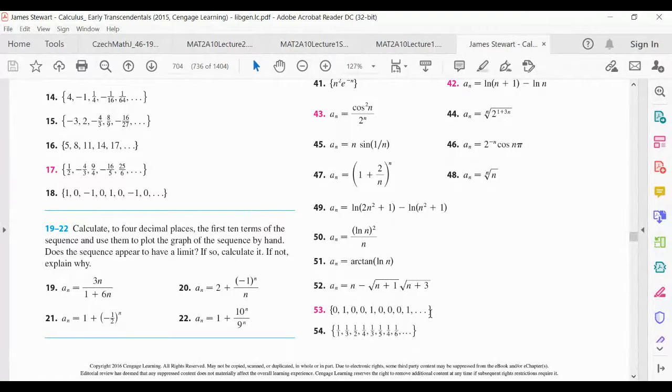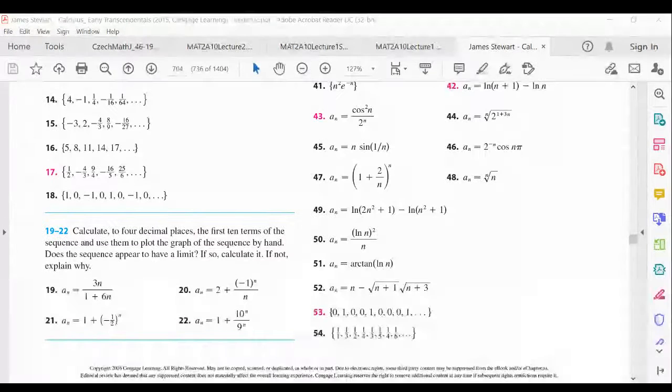Tell me whether you think that sequence converges or diverges. Let's see what people think. Does 53 converge or diverge?